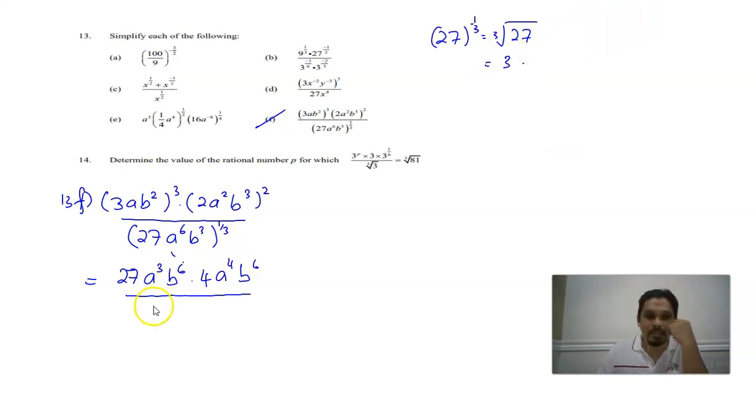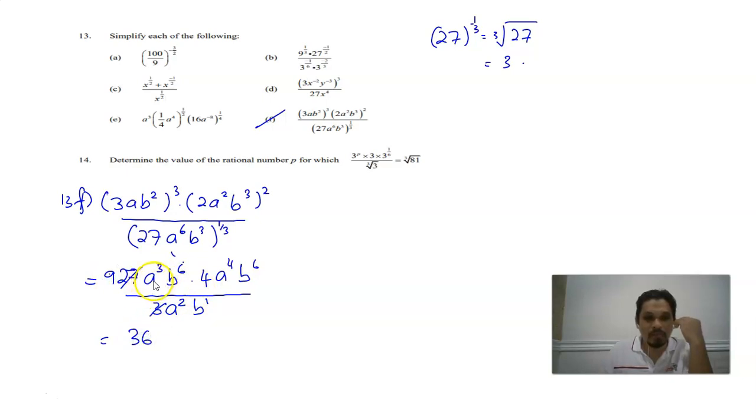Okay, so the cube root of 27 equals 3. 6 times 1 over 3, so 6 over 3, 6 divided by 3 equals 2, B squared, and 3 times 1 over 3, so 3 divided by 3 equals 1. 27 divided by 3 equals 9. 9 times 4 equals 36.